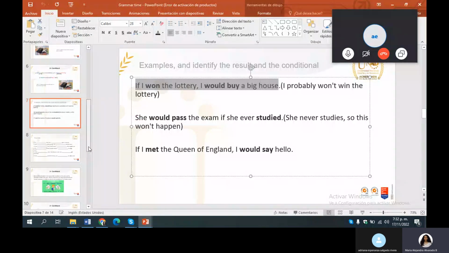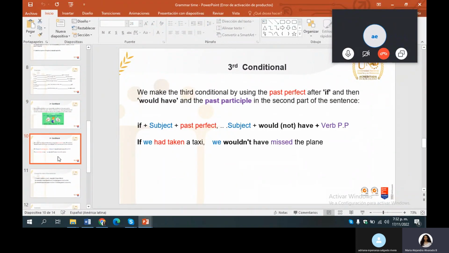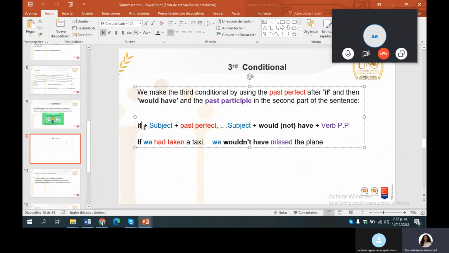Let's look at an example of third conditional. Oh, here we have the structure.